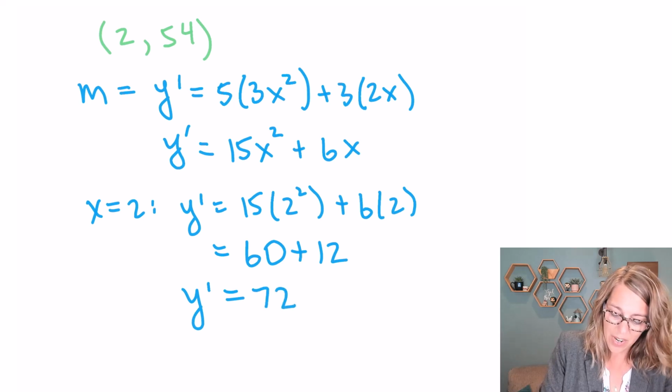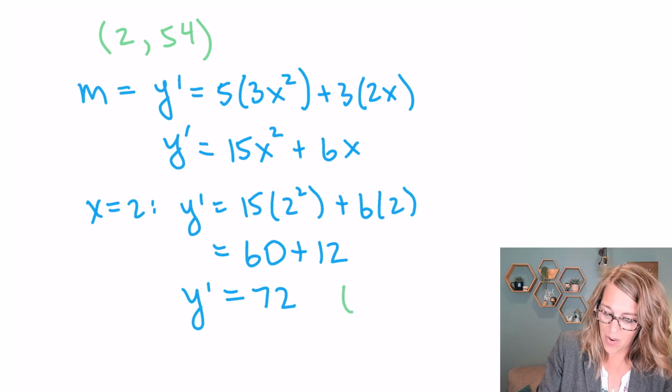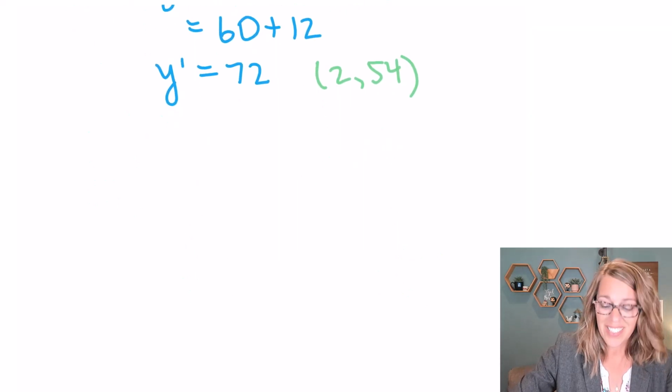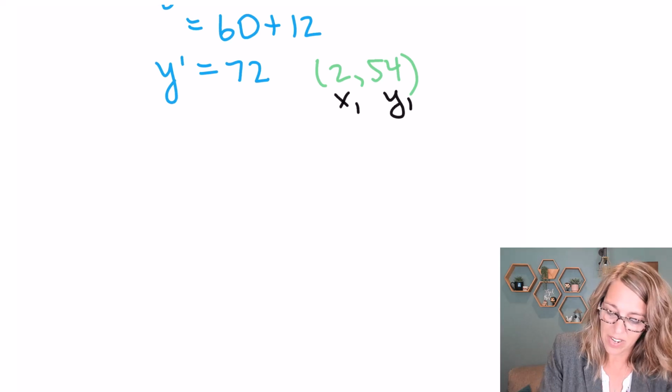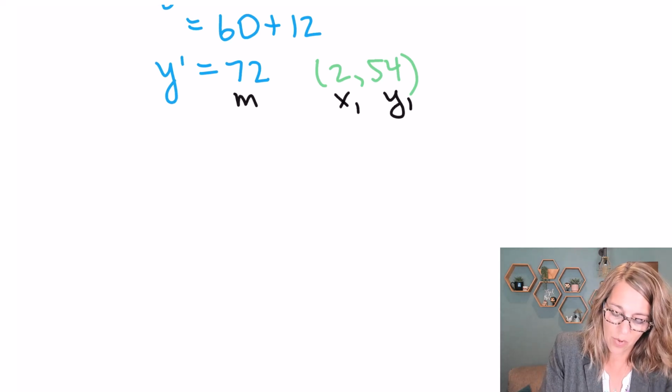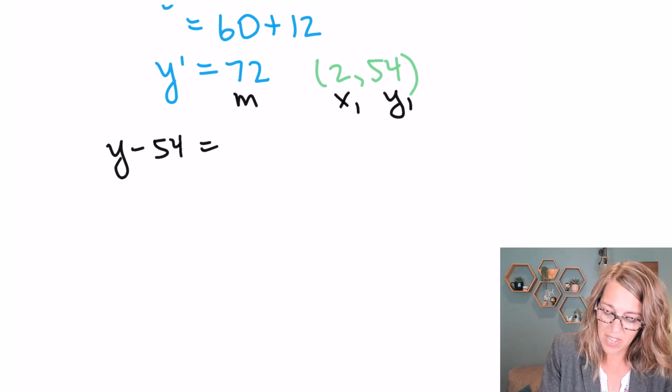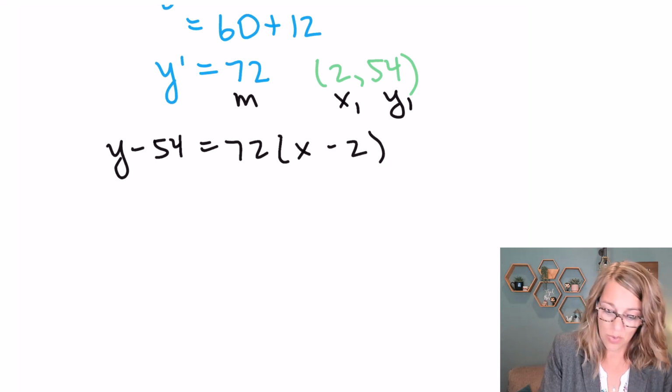So I've got our slope and I've got our point, 2 comma 54. Let's plug these in: x1, y1, m. Okay, so y minus y1, which is 54, is equal to m, 72, times x minus x1, which is 2.